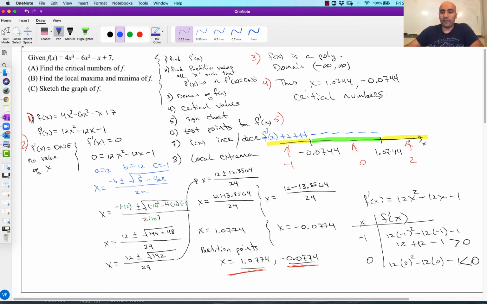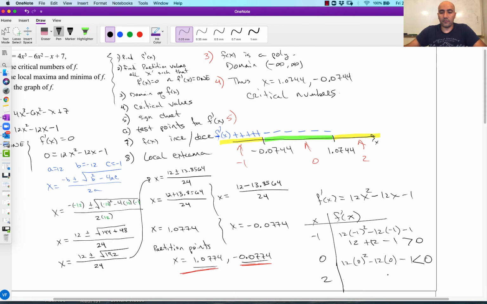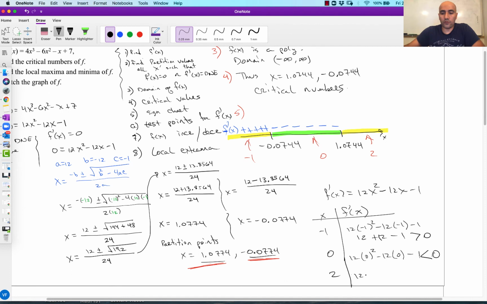Good. And then finally, picking a test point over there, let's choose 2. So I'll end up with 12 times 2 squared minus 12 times 2 minus 1.